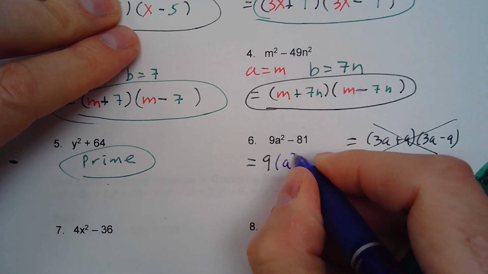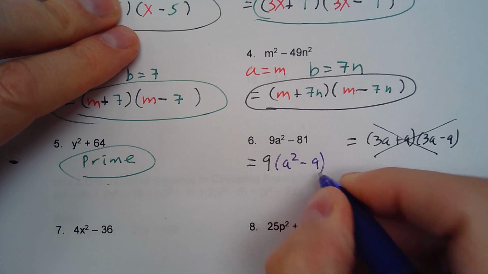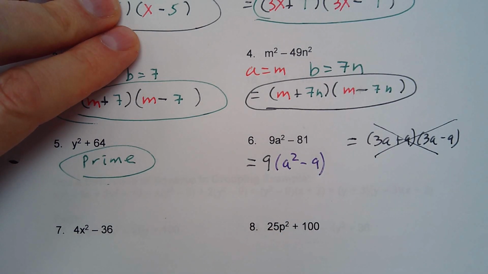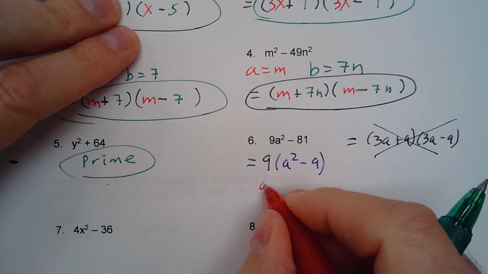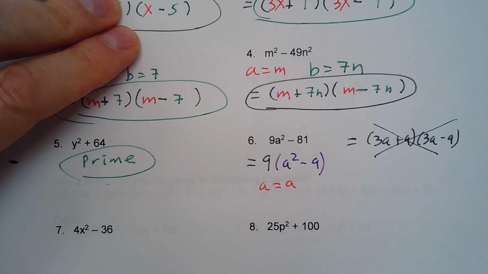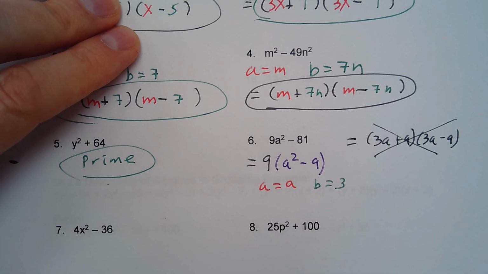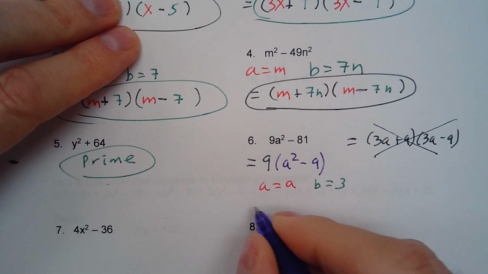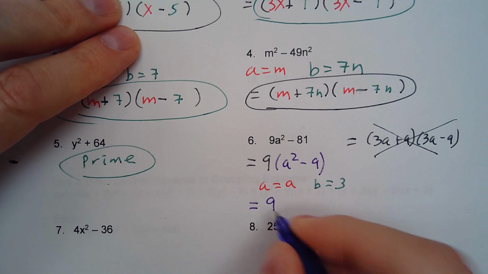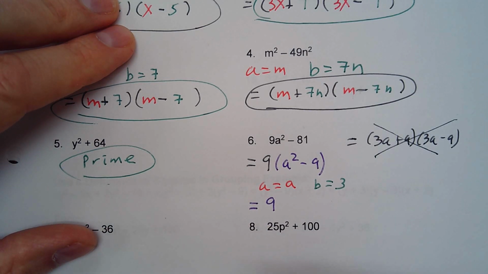That's going to give me a squared minus 9. So my a value is going to be a. That's kind of weird, right? My b value here is going to be 3. So my 9's out in front.